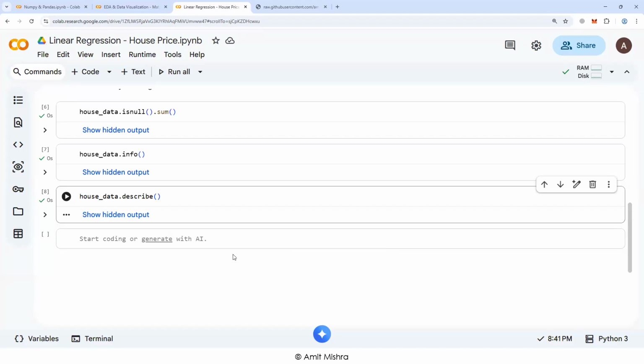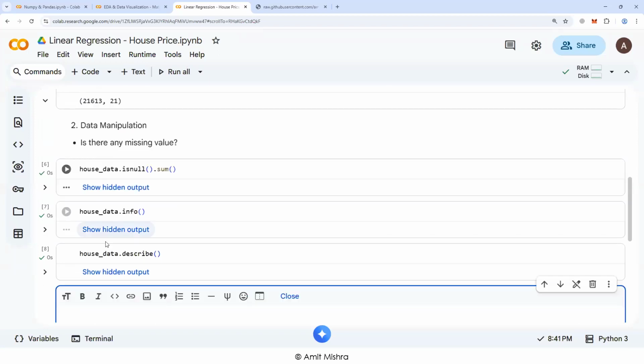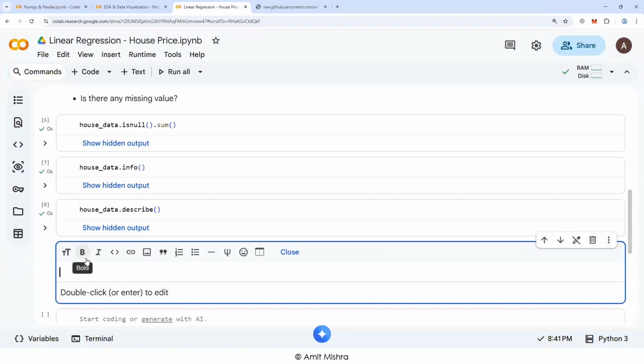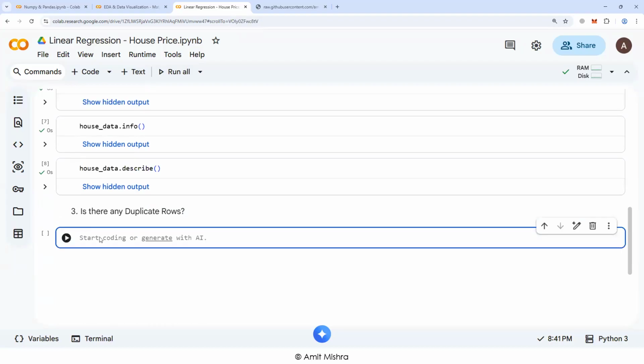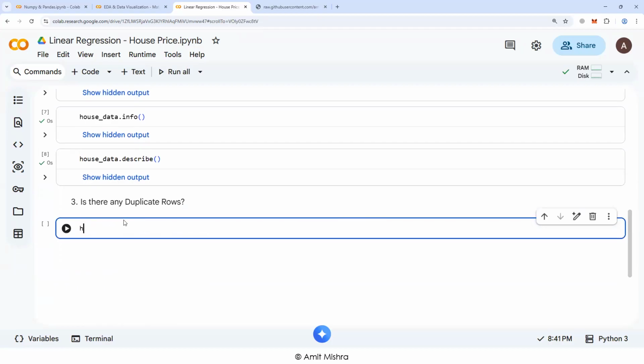Are there any duplicate rows? Let's check. Data manipulation is one of the important steps here. We need to check if there are any duplicate values. Once again, house data.